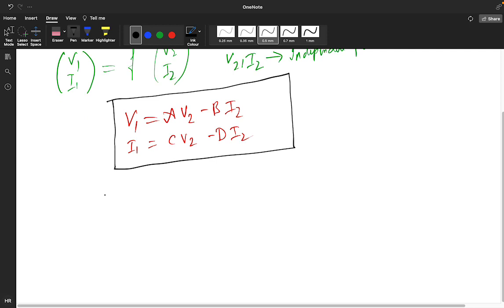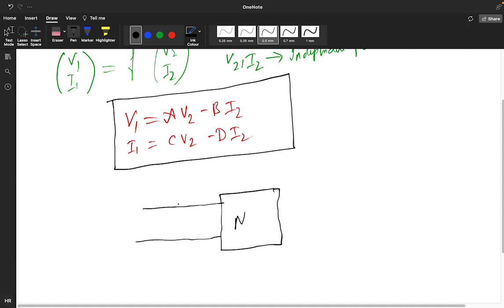What we have to see in a transmission parameter is a two-port network. Current is going in from here and current is coming out from here.